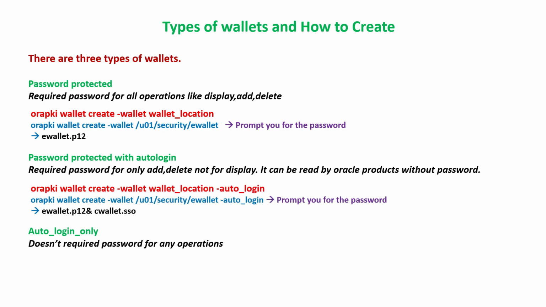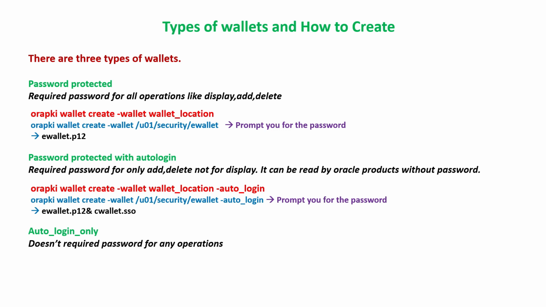Second is if you are going to create a password protected wallet with auto login. For that the syntax is the same. You have to add one more option there, which is -auto_login.